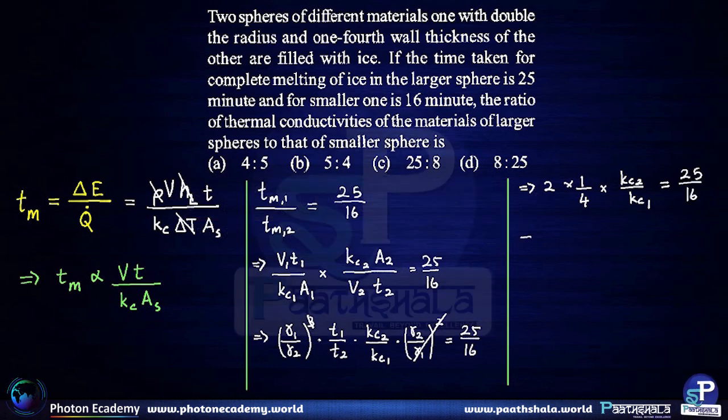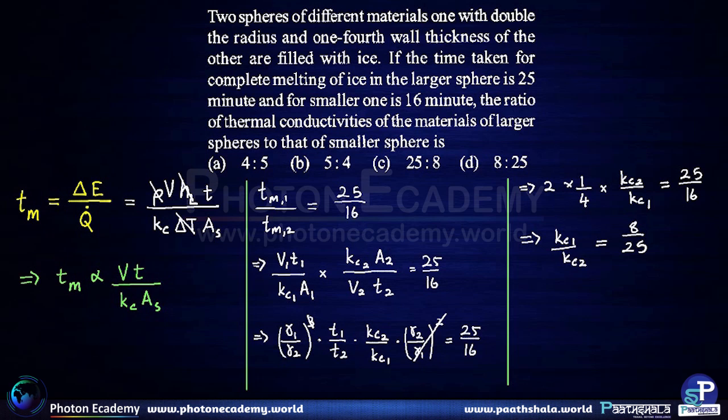So transposing the terms, we get Kc1 by Kc2 is equal to 8 by 25, and hence our answer is option D.